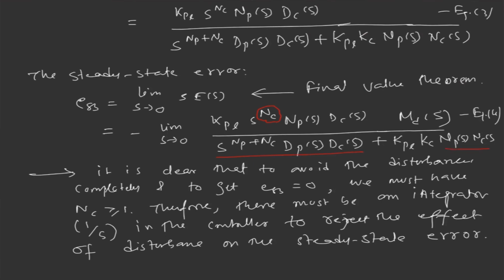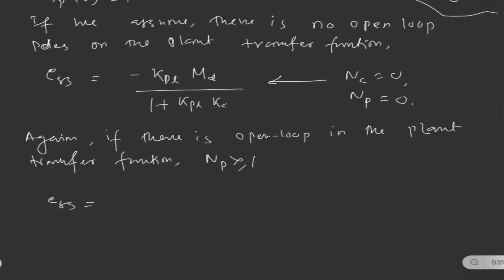And this term is already 1, this term is already 1. So now we can write e_ss equal to minus M_D divided by K_C, for when N_P is greater than or equal to 1.